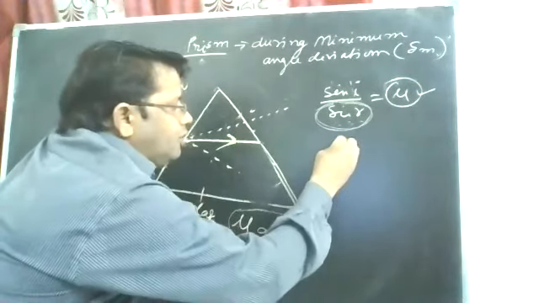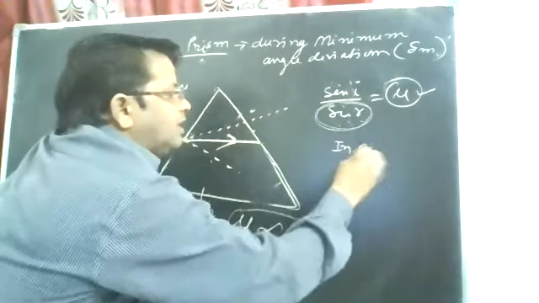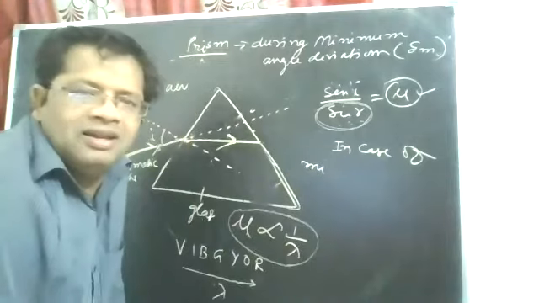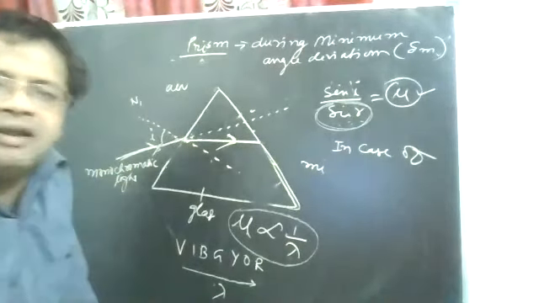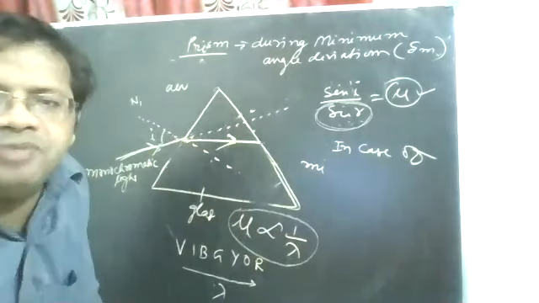You write here: in case of minimum deviation, that is, light passes symmetrically through the prism. Symmetrically means the refracted ray will be parallel to the base of the prism.